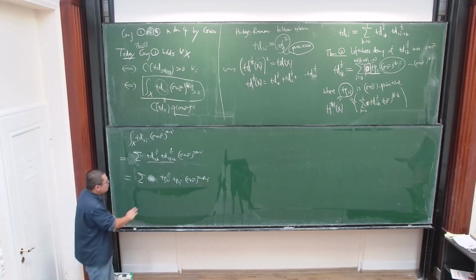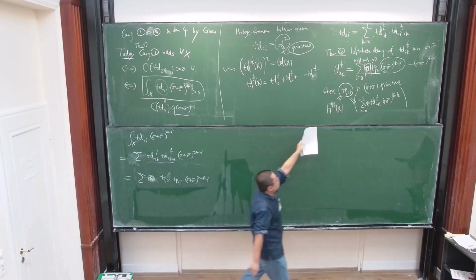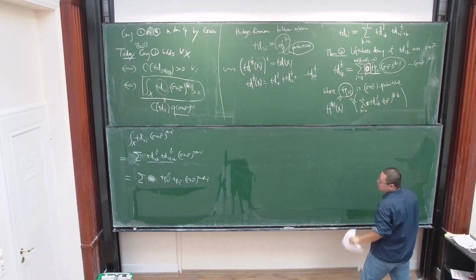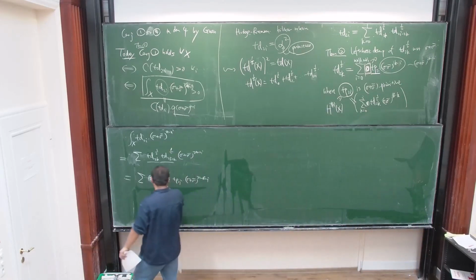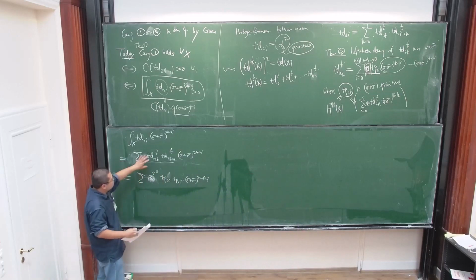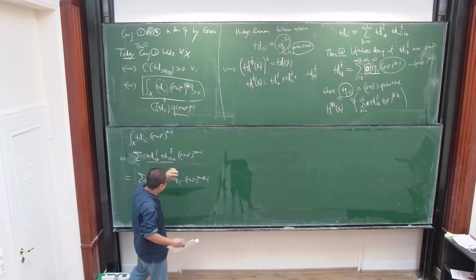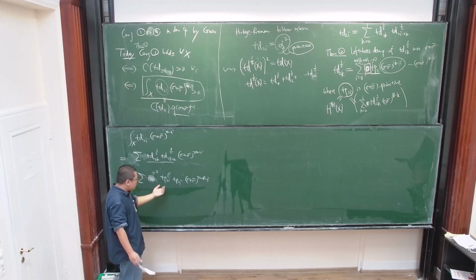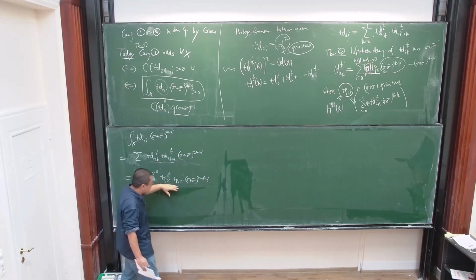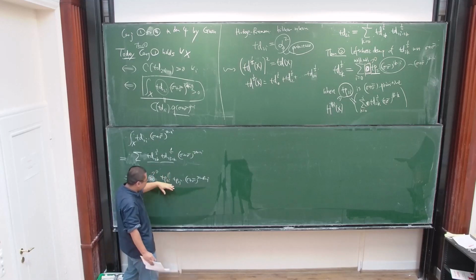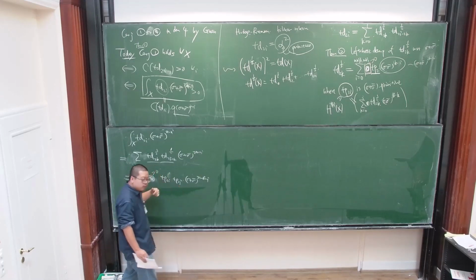But remember, as in our decomposition, all the coefficients are positive. So this one is also positive, right? No matter how these two, the coefficients are not the same, but if you plug everything into this formula, you get some positive coefficient with some integration, and these two are primitive.